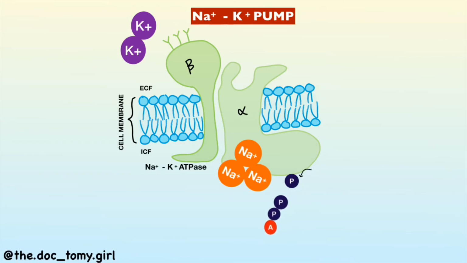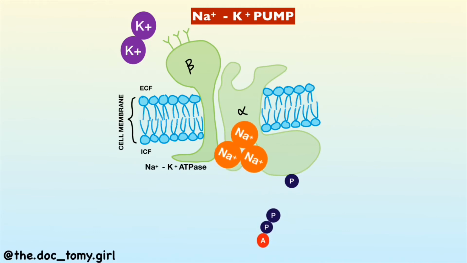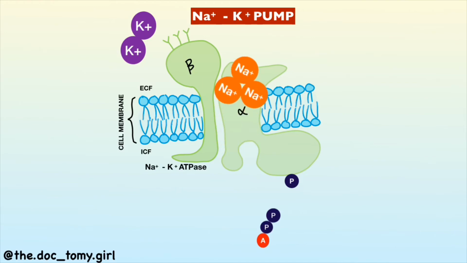This high energy phosphate bond is bound to the aspartic acid residue of the alpha subunit. This phosphorylation of the alpha subunit by ATP causes a conformational change in the carrier protein that transfers 3 sodium ions from inside to the outside of the cell.